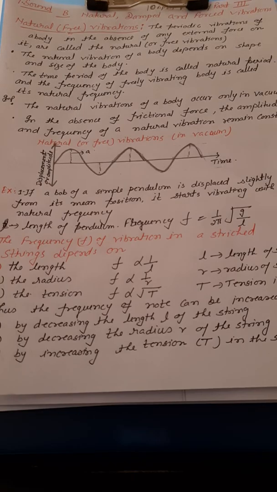Because when the bucket is filled, the water level increases and the length of the air column decreases. If the length of the air column decreases, it means the frequency keeps changing. So we come to know that the bucket is filled. I'll discuss later on. But you must read all the examples given on page number 156.